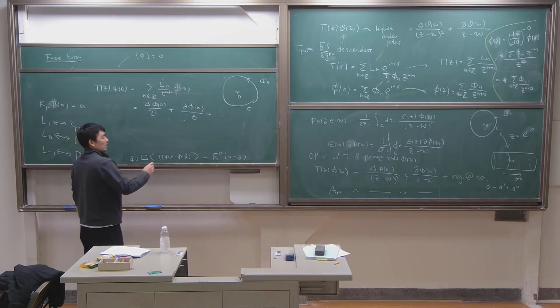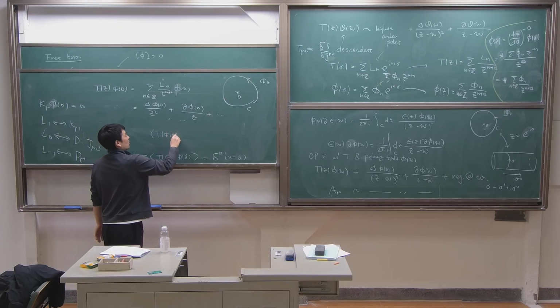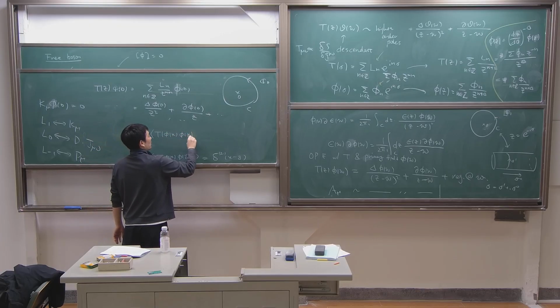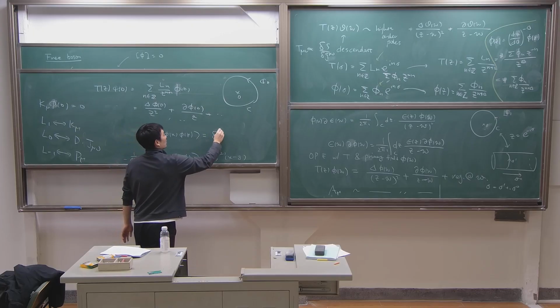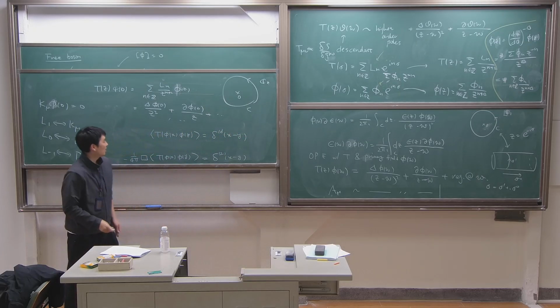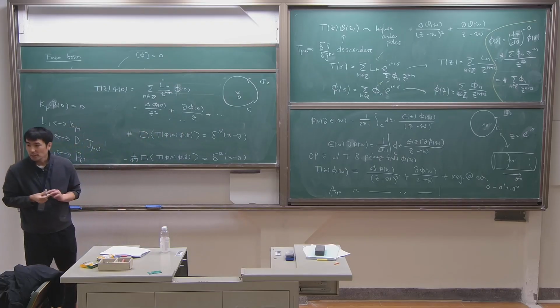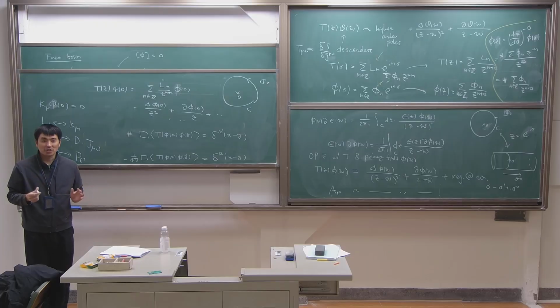It depends on normalization. But if you want to consider the propagator or 2-point function of this free scalar here, this is delta d of x minus y. So the Laplacian acts on it, up to some normalization. This is the usual thing.